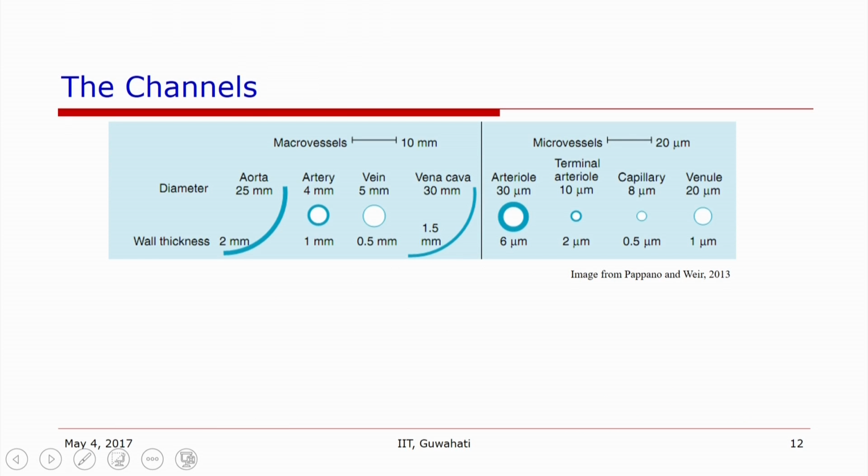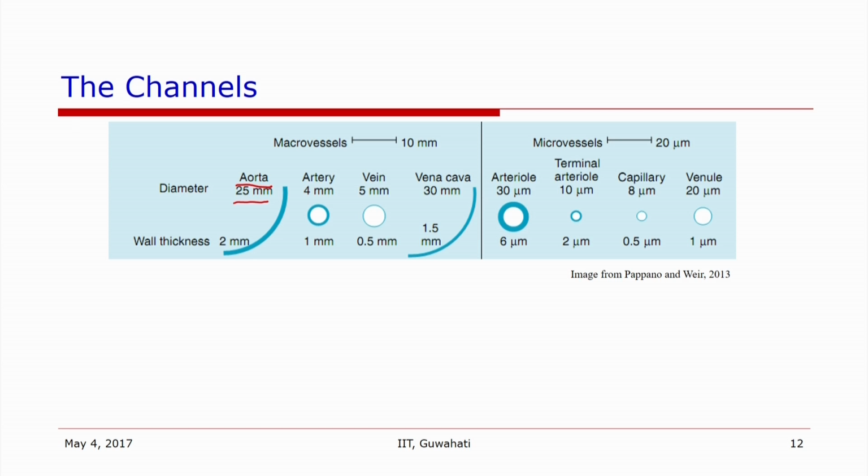Then the third main component of the cardiovascular system is the channels, and these channels can be of different types. So, the blood is taken from the heart to different parts of the body by the aorta, which is the largest artery, and it is about 25 mm in size.